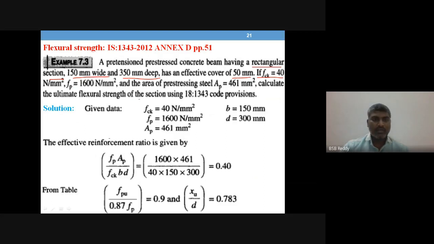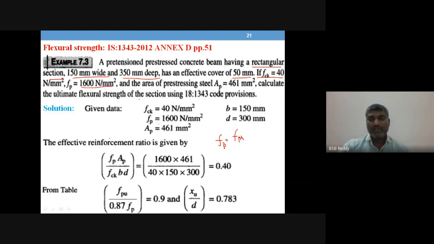FP is the textbook notation and the code notation is FPU; the characteristic strength is 1600 megapascal.